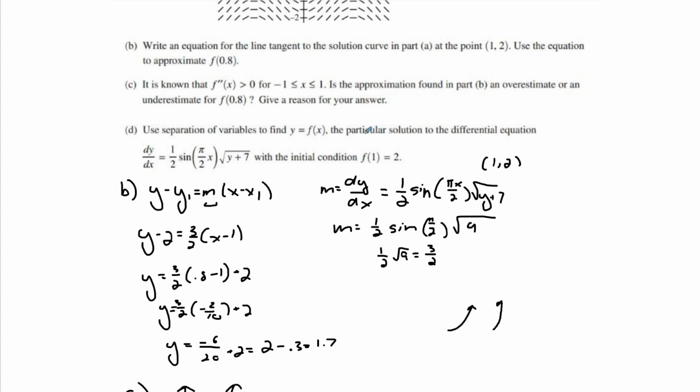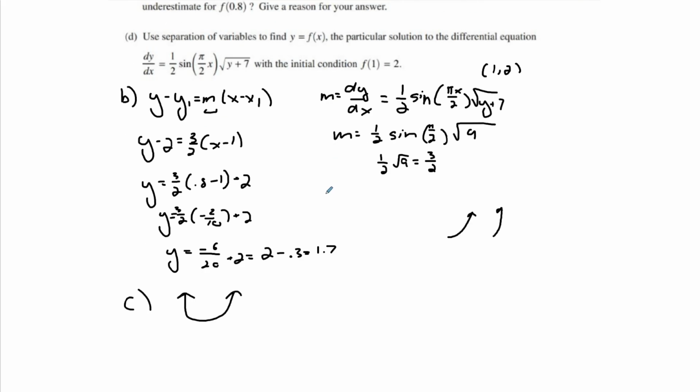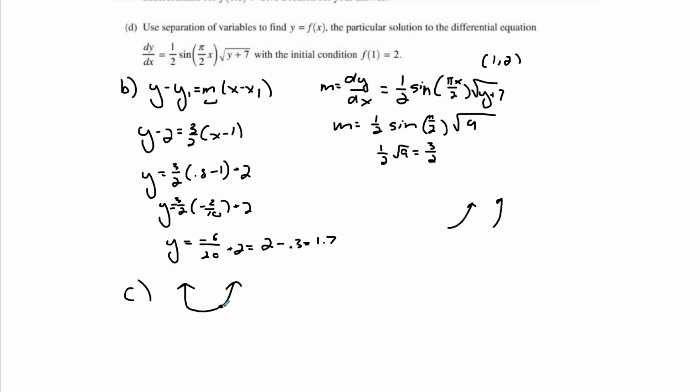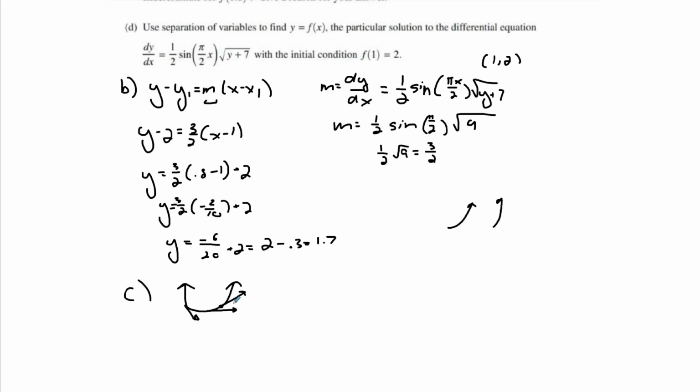So is the approximation an overestimate or underestimate? Well, if for negative 1 less than x less than 2 the approximation looks like it's going like this, then our answer for f of 0.8, which is inside of this interval, the tangent line is going to be under the graph.